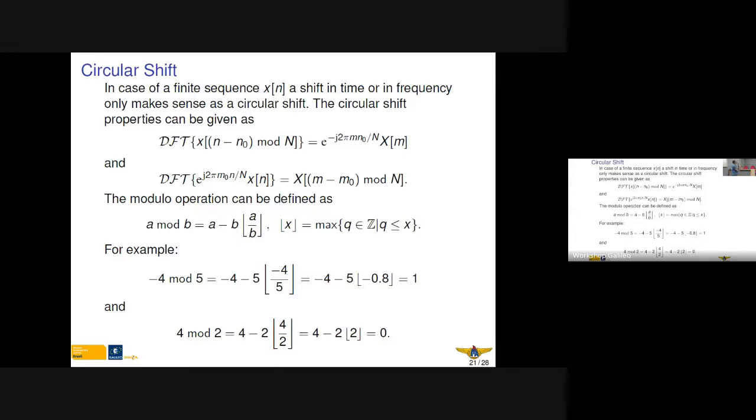We can also write the inverse, the shift in frequency: the DFT of the exponential function of j 2 pi m0 n divided by N times x of n is equivalent to X of m minus m0 modulo N. The modulo operator can be defined as follows, and I have some explanation here to remind you. a modulo b means a minus b times the floor of a divided by b, where we take the largest integer not exceeding a divided by b.